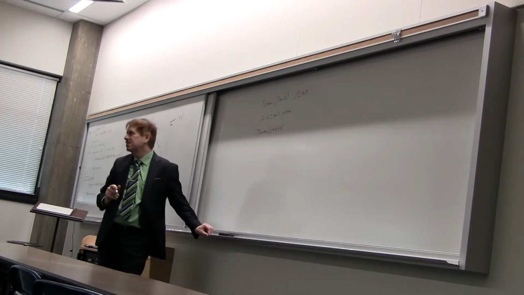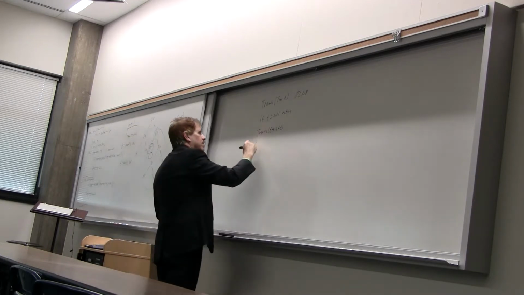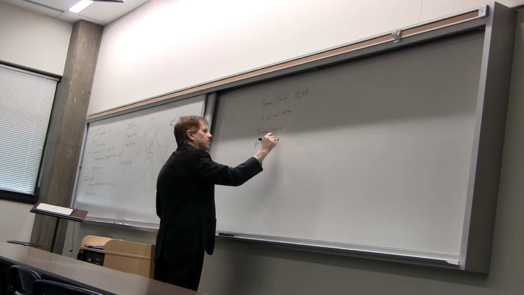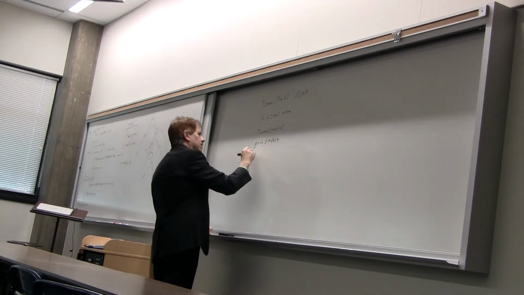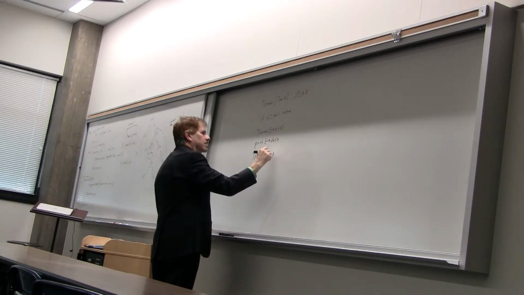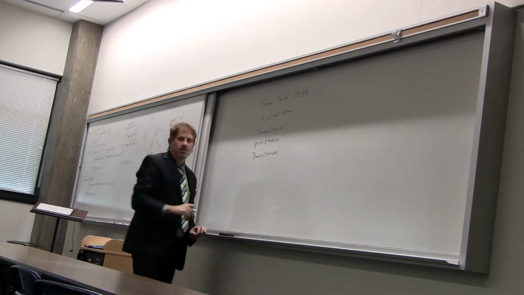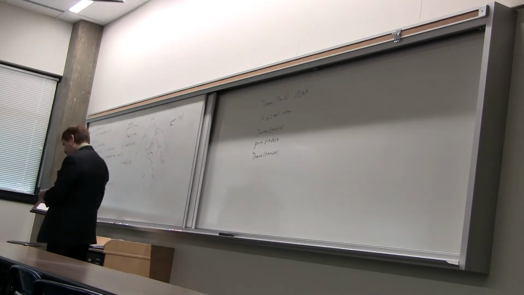Otherwise, traverse the left subtree. Print out the root node's data and traverse the right subtree. That's the whole program.